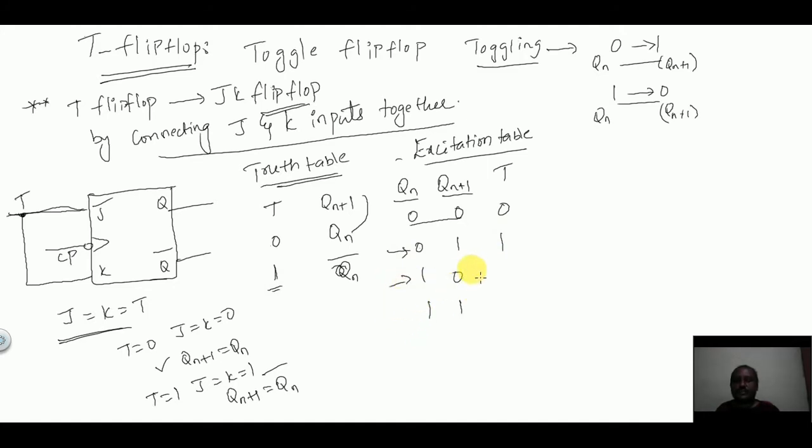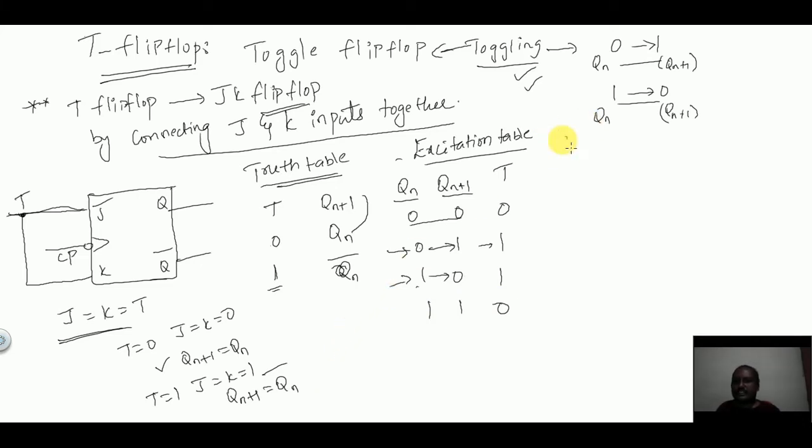In the third case also, Qn plus 1 is equal to Qn bar, so T is always equal to 1. When there is toggling, that is 0 is changed to 1 or 1 is changed to 0, T is equal to 1. That is why this is called toggling, and the flip-flop is called toggle flip-flop. In the fourth case, Qn plus 1 is equal to Qn, so T value is equal to 0. Very simple. This is how we obtain the excitation table.